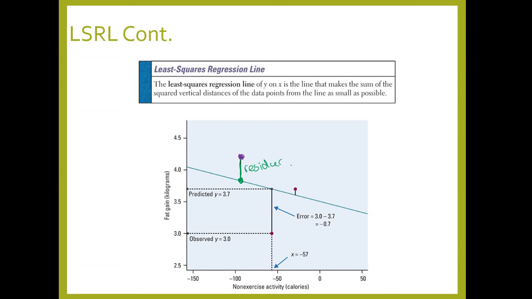It is the error between your observed and your expected. You should have an equal amount above and below in magnitude, so if you took all your residuals and added them together, you should get 0.